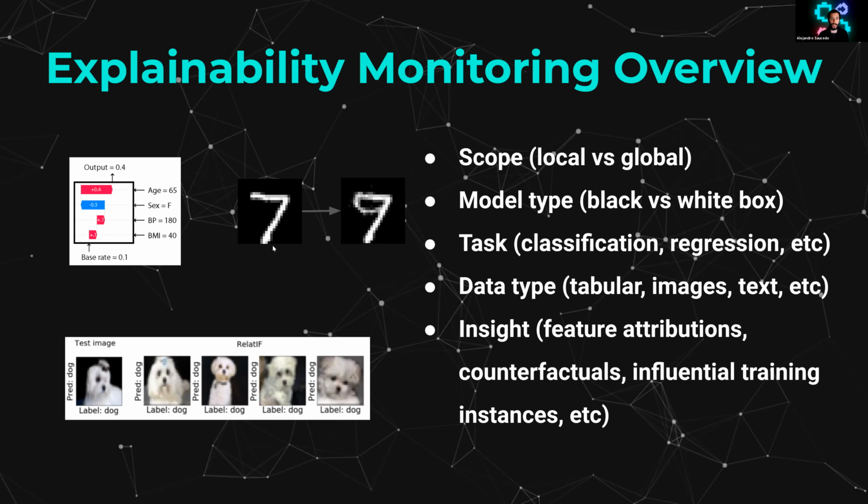And what we're going to be using for this example is this tool called Alibi. Alibi is an explainability toolset that contains a broad range of different explainability techniques that you can use with any black box and white box machine learning models.